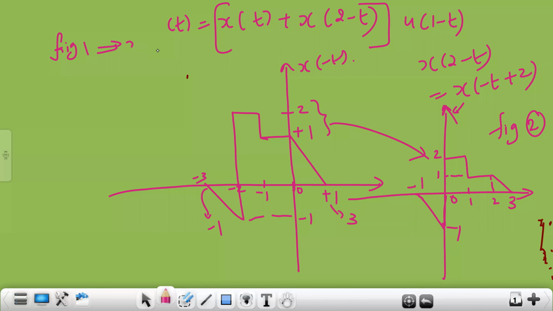Now you need to add figure 1 and figure 2. Kindly draw figure number 1 again, x of t. Then you draw x of minus t plus 2 and add those two signals one by one.